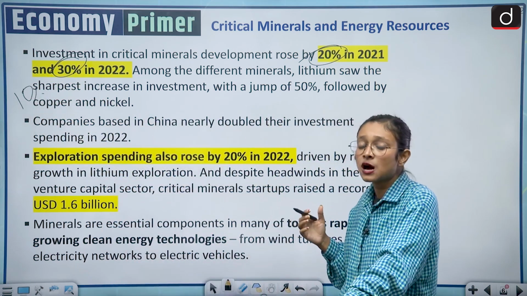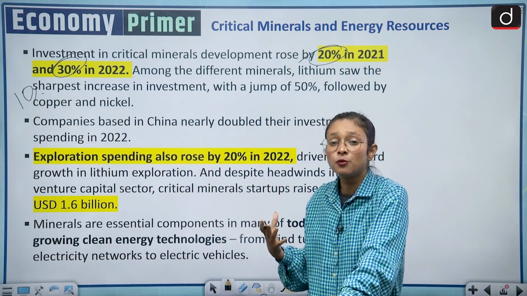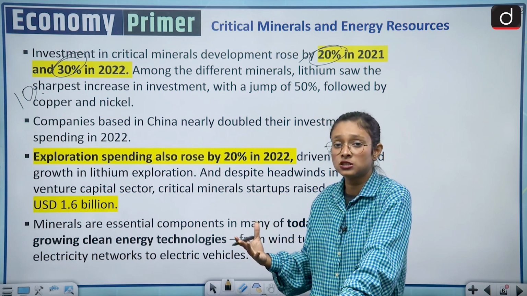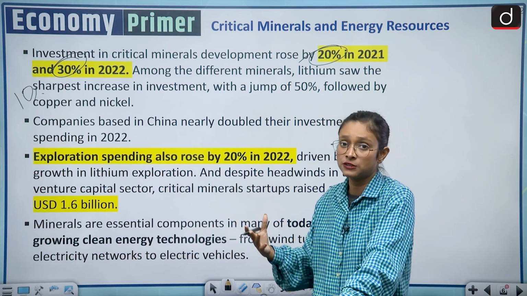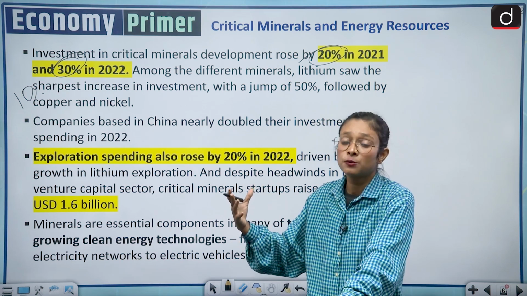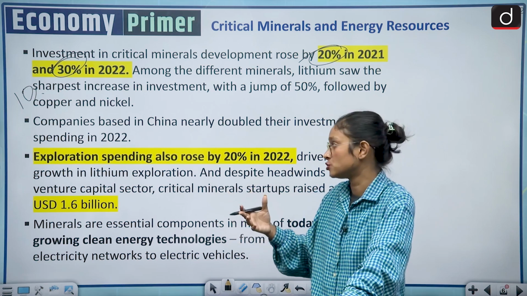Lithium has seen the sharpest increase because of its economic importance. Today is the day of mobile phones, laptops and computers, and lithium is used in making the batteries of such things. That's why lithium prices and investment have risen, because it is giving so much market and business-to-business opportunity.